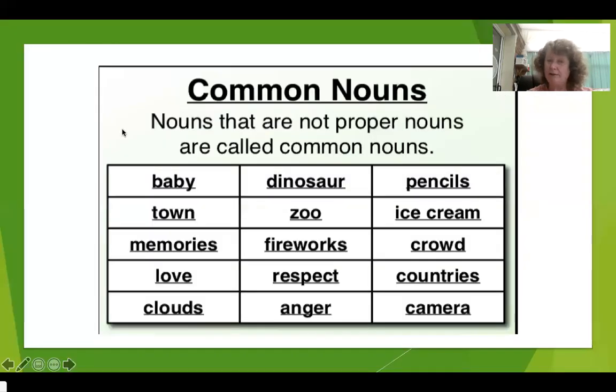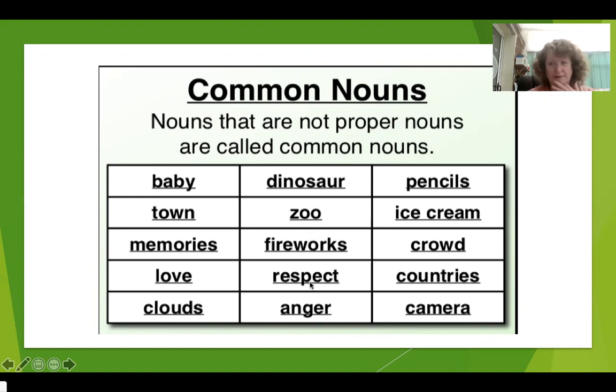So here are some more common nouns. So we have baby, town. So it could be any town. I could be referring to in my town, blah, blah, blah. That's a common noun. If I said the name of my town, that would be different. So you've got memories. That's a thought or an idea. Love is a concept. Clouds, dinosaur, zoo, fireworks.